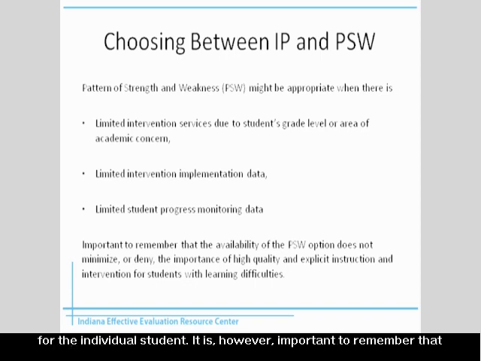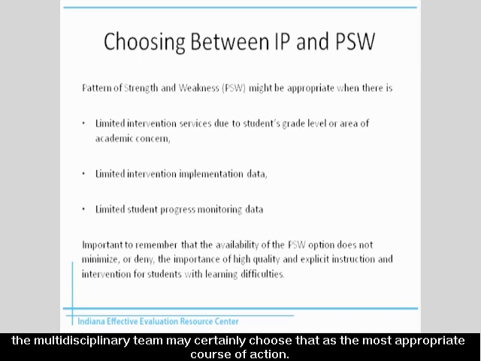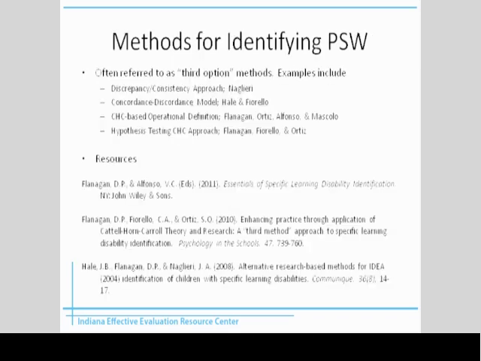It is, however, important to remember that the availability of the PSW option does not minimize or deny the importance of high quality and explicit instruction and intervention for students with learning difficulties. And if the necessary information for using an insufficient progress approach or option is available for an individual student, the multidisciplinary team may certainly choose that that is the most appropriate course of action.